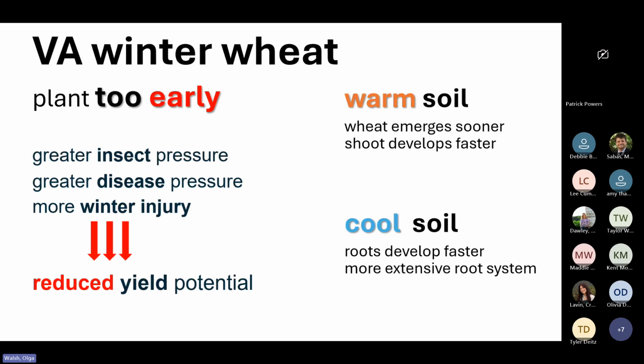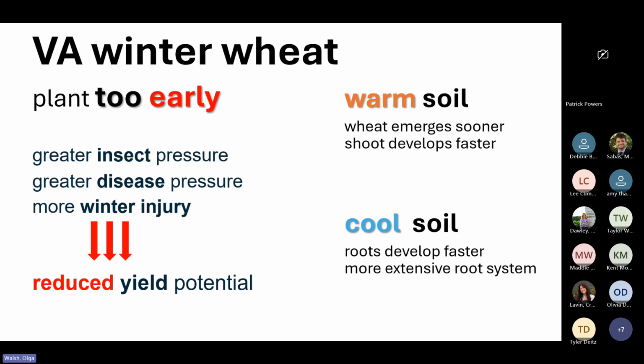It really talks a lot about planting dates. So for winter crops, sometimes we have producers wanting to experiment on their farm, and they have questions on how late or how early we can plant a certain crop, in this case winter wheat.